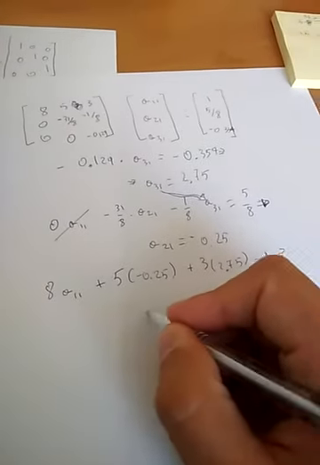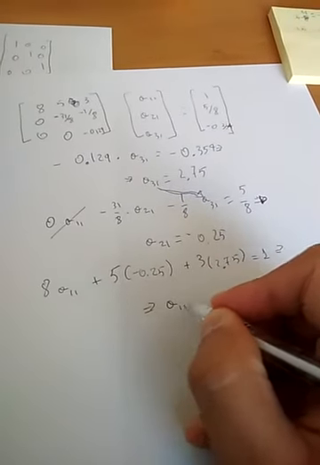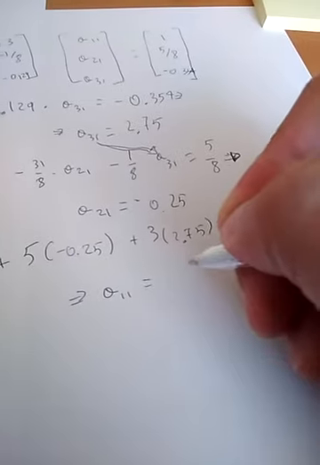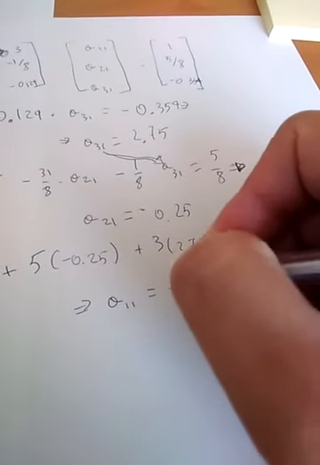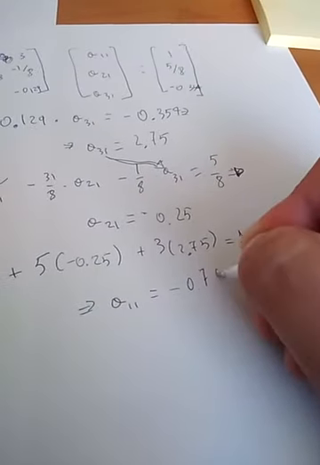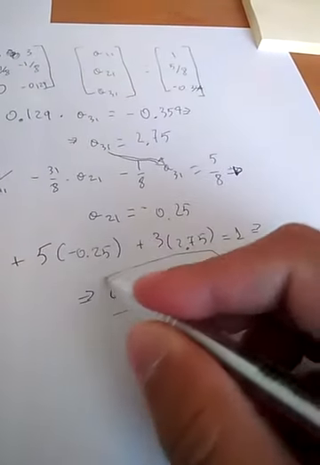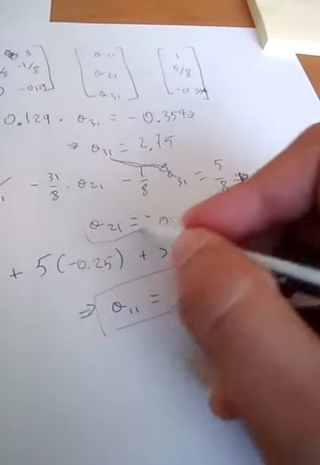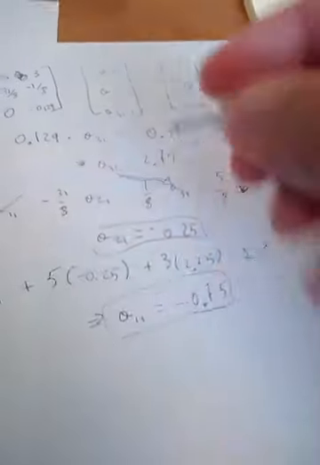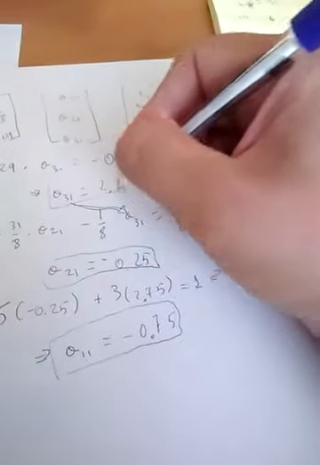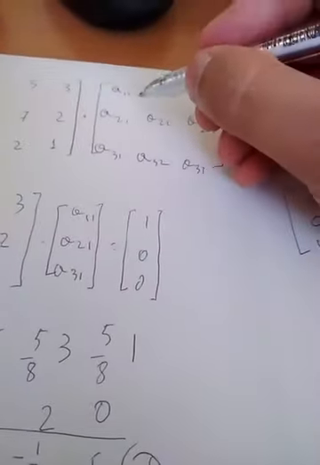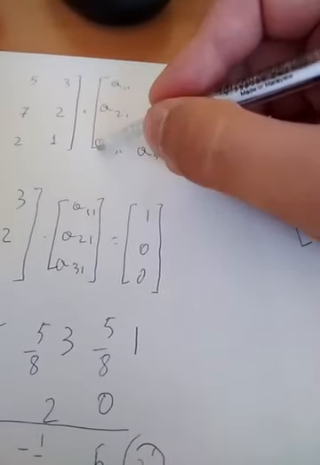So now we can find that A11 is equal to minus 0.75. Alright, so the 3 numbers we calculated here are the first column of the inverse matrix. If you remember, it's these 3.